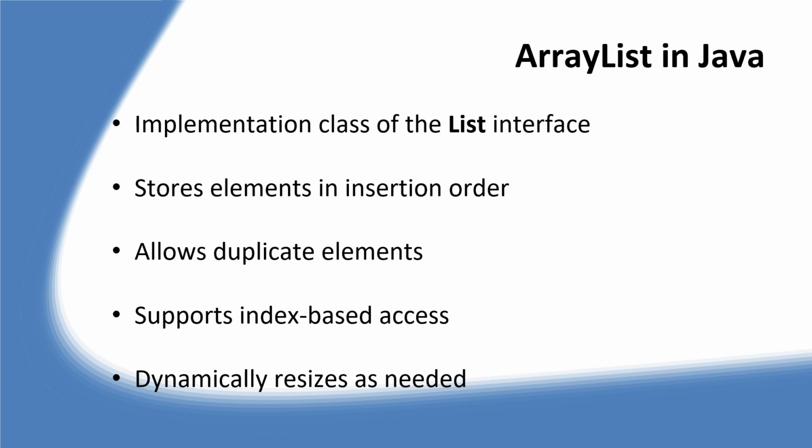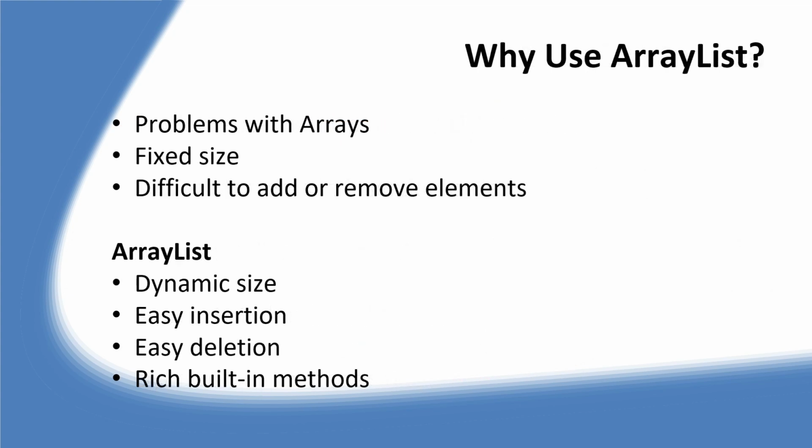Now, why use ArrayList? So arrays have a fixed size. We are talking about arrays first, then we will talk about ArrayList. So we are seeing problems with arrays. Arrays have a fixed size.